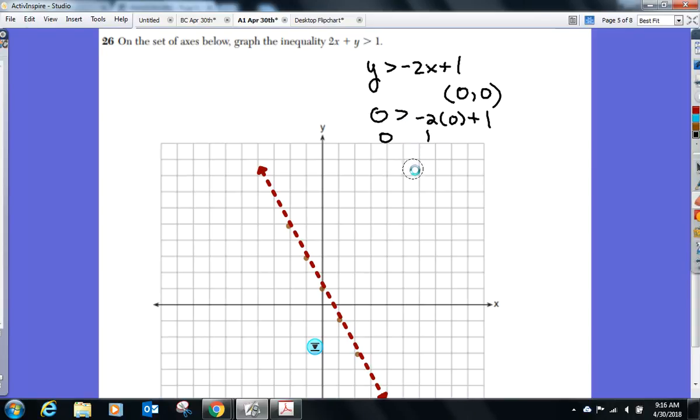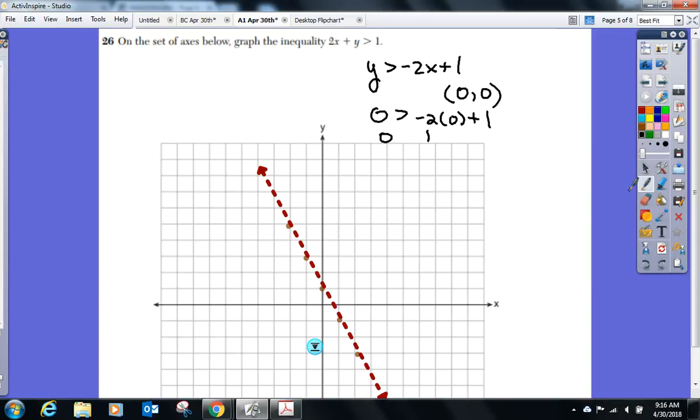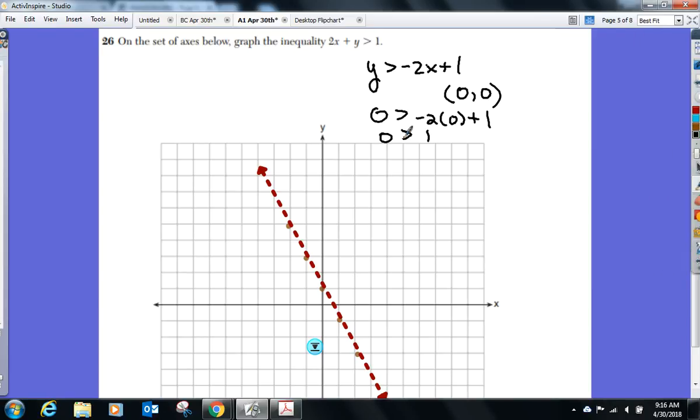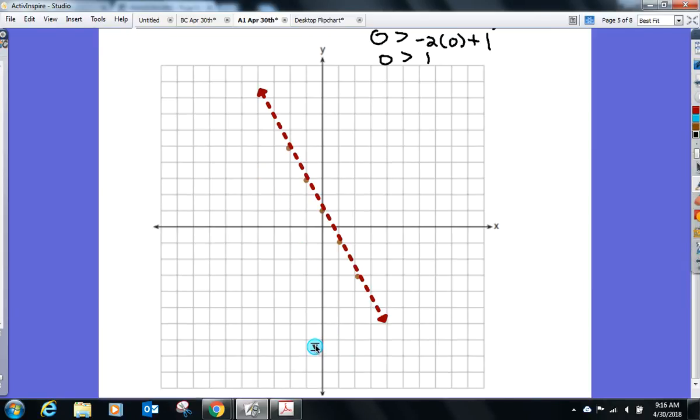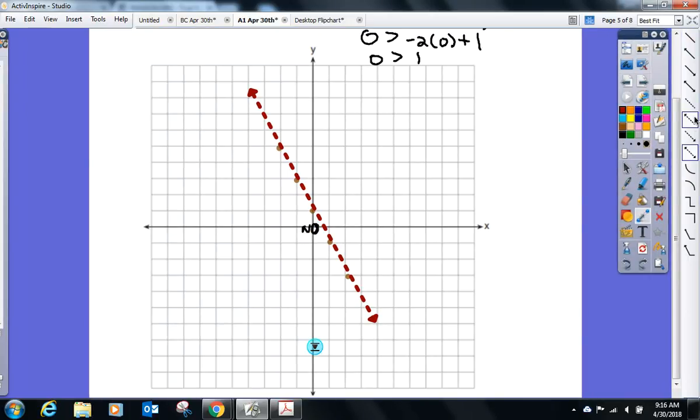Nope. So should you shade towards 0, 0? Nope. I've even seen kids in the past write the no there, meaning don't shade towards it. So we are going to shade away from 0, 0.